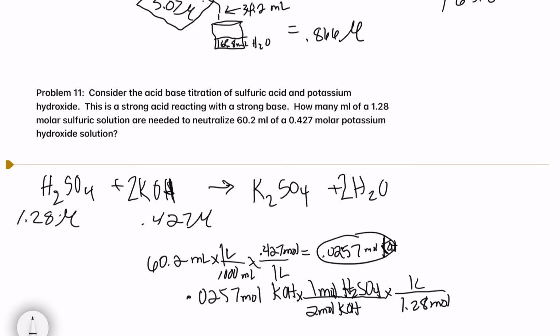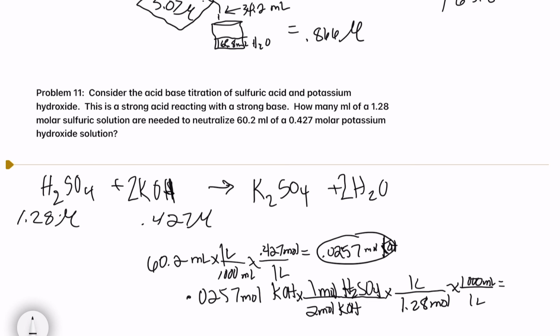We want to get out of moles and get into volume. So we use our molarity. The molarity we were given was 1.28 moles per liter. We're going to calculate this volume into milliliters, so let's get out of liters and into milliliters, since that's what the prompt has asked for.